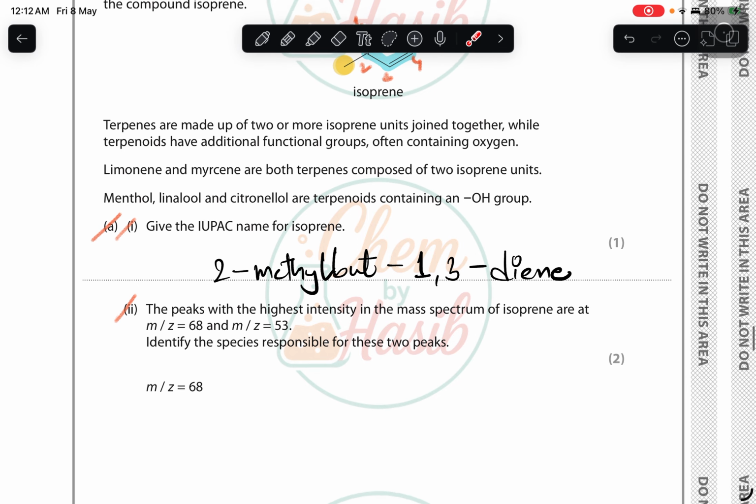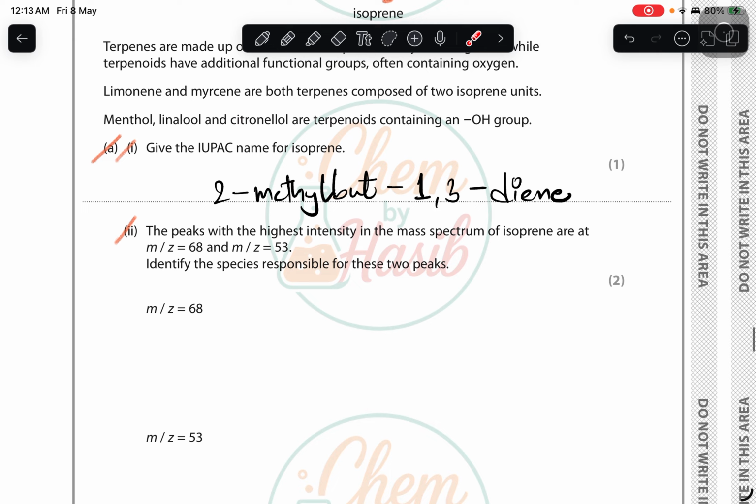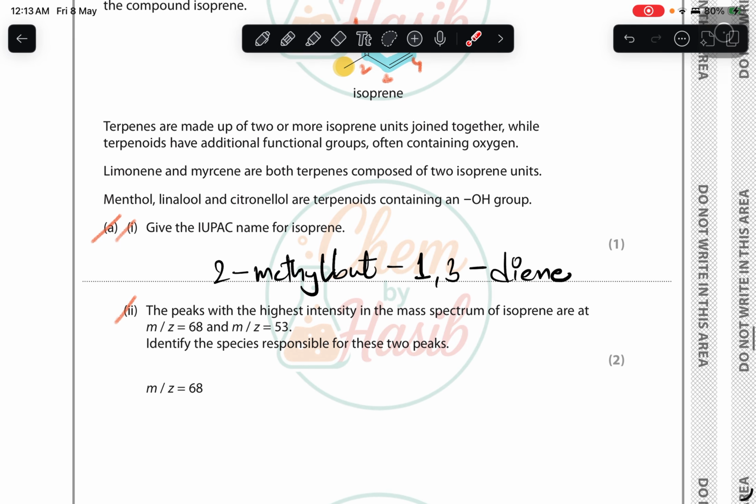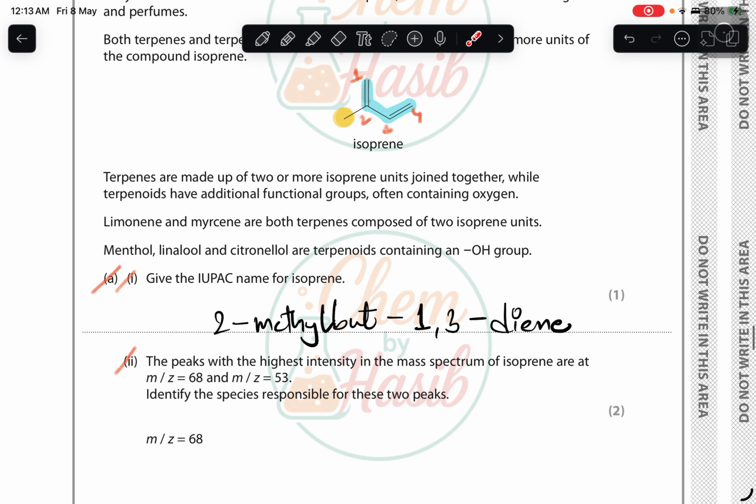Now the next question. It says the peaks with the highest intensity in the mass spectrum of isoprene are at m/z equal to 68 and m/z equal to 53. If it is m/z equal to 68, let us look at the molecular formula. There are 5 carbon atoms, C5.